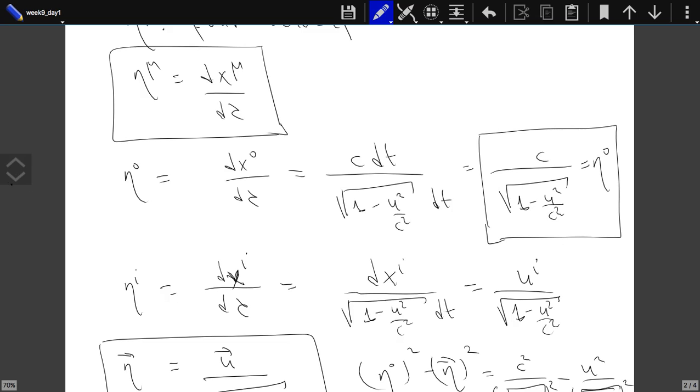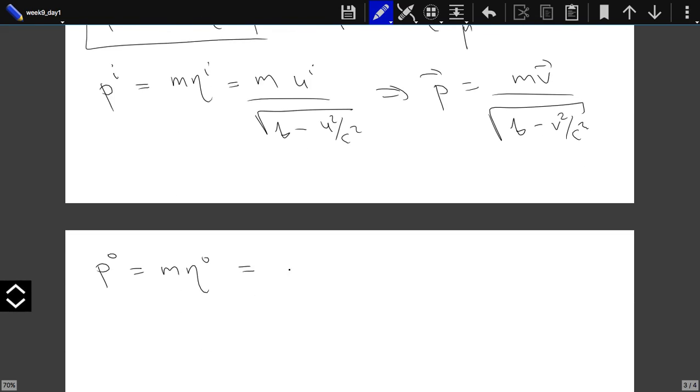It is just c over that square root, so mc over the square root of 1 minus u squared over c squared. This is, by the way, nothing but the energy of the particle divided by c.